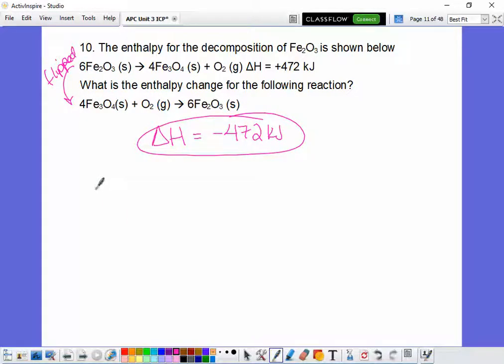So when you flip the reaction, you flip the sign. And we're going to see more of that in 2 classes when we go over Hess's law. This is one of the bases of Hess's law. When you flip the reaction, you flip the sign. Okay? Cool?